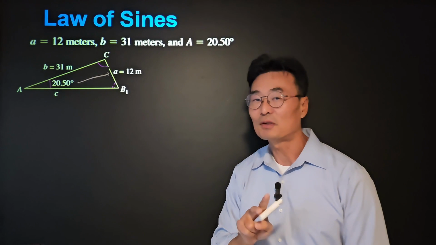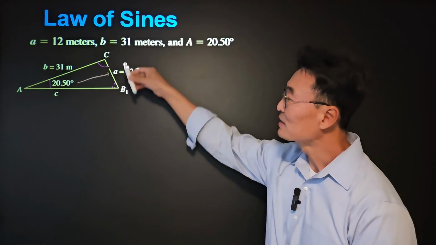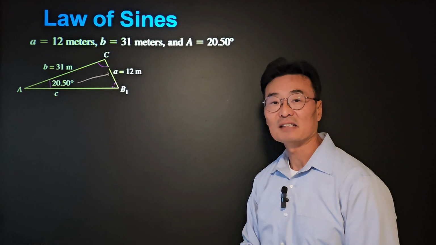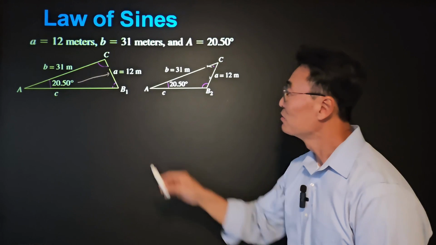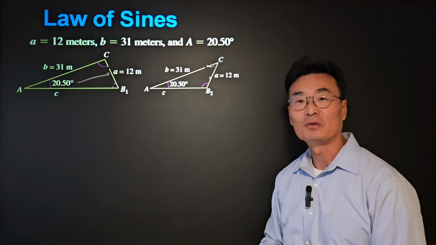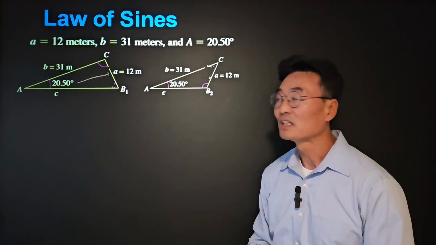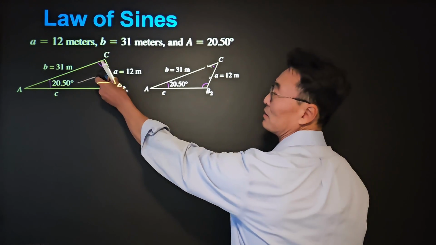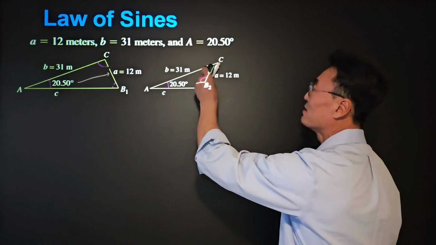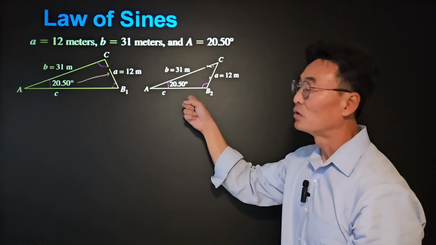The reason we get two separate triangles is because the side BC that we have here, or the side A, the 12, it could swing around like this and end up giving us a triangle looking like this. Once again, if you look, this side right here swings around to the left and ends up giving us a triangle looking like this.